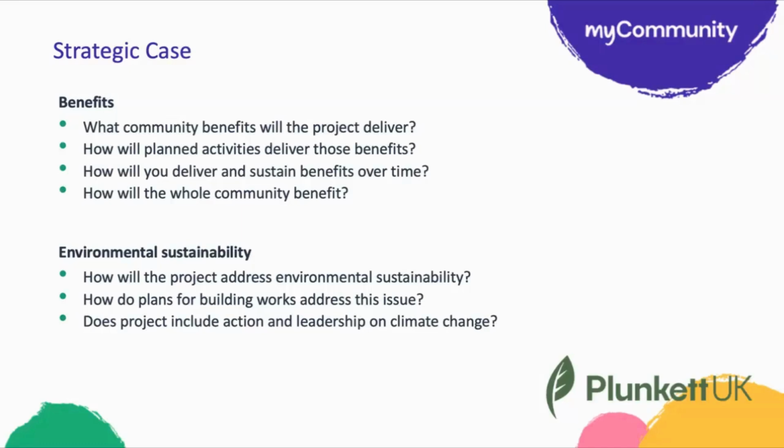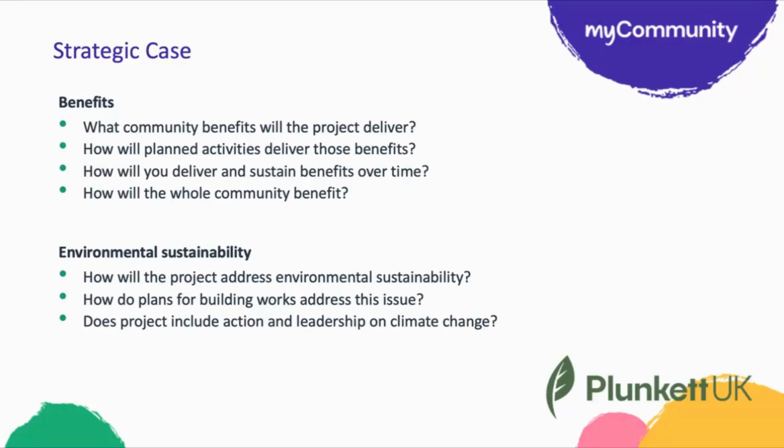So this is very much about what are your desired outcomes from the project. So, if it's a shop and a post office, is it about reducing social isolation? Is it about helping the 10 or 15% of your community that don't have access to public transport or own a car, giving them the opportunity to be able to buy food and use post office services?